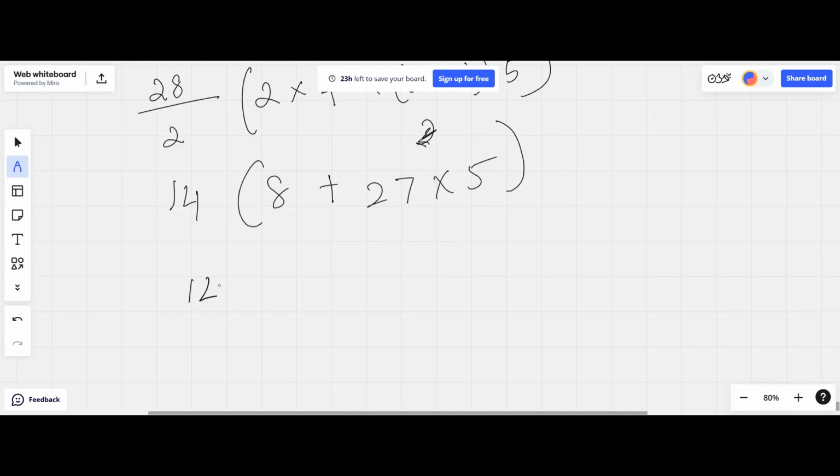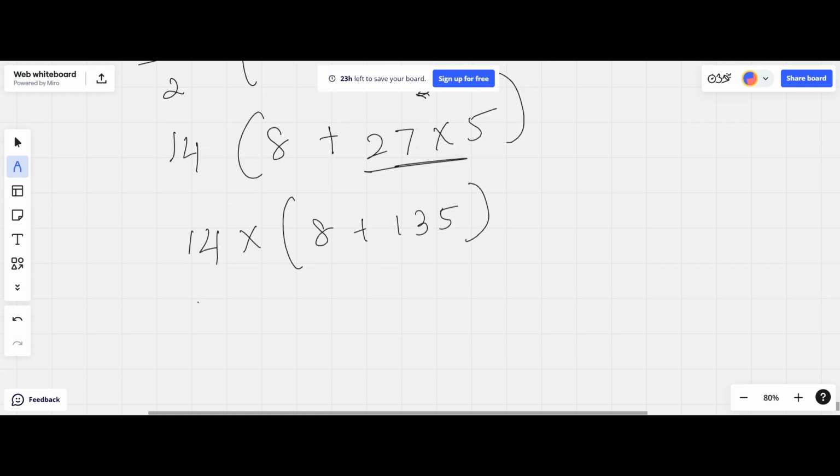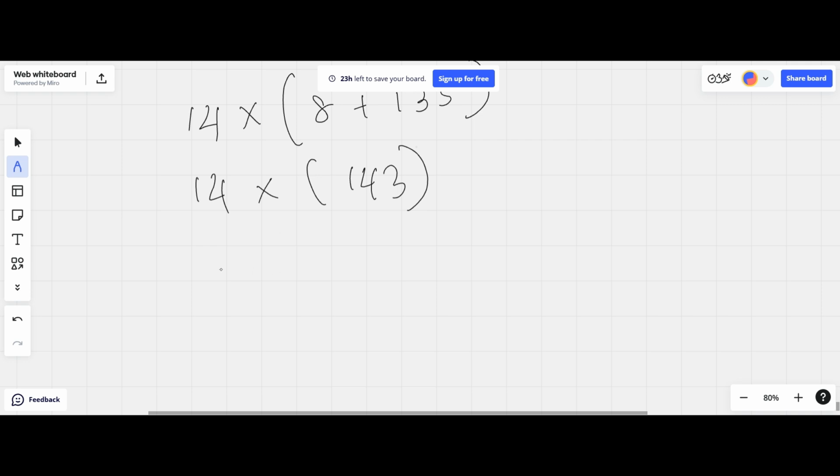So you have to do the multiplication first. 27 into 5, how much? 27 into 5 would be 135. So 8 plus 135 is 143. So 143 into 14 would be equal to 2002.